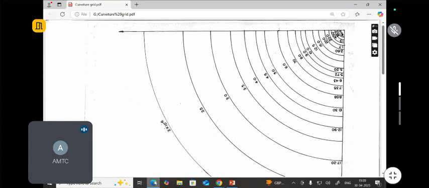So remember this curve. I just showed you what the curve is and how to get the value. Okay, come back to the problem.